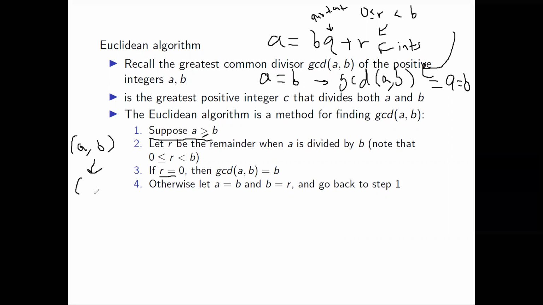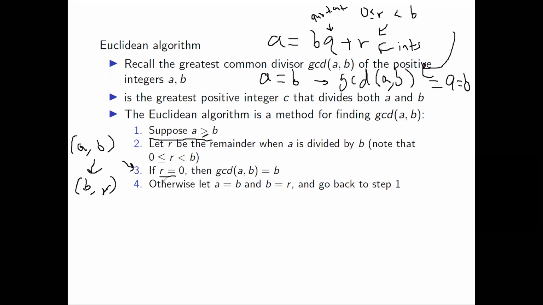And what we're reducing it to here is B, R. So we're making the A smaller, because we're assuming that we're definitely making the A smaller, because the only way that we wouldn't be making the A smaller would be if A equaled B. But if A equaled B, then we would have gotten finished in this step because the R would have been 0.